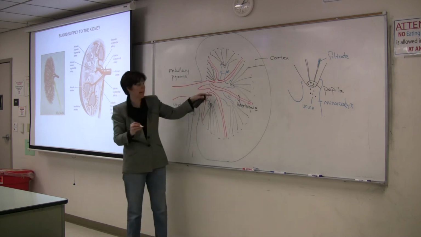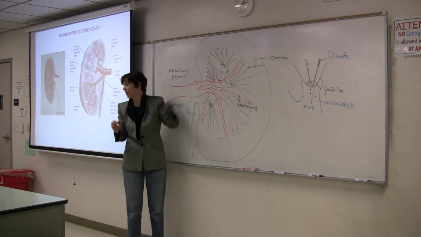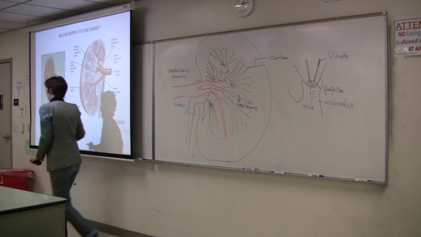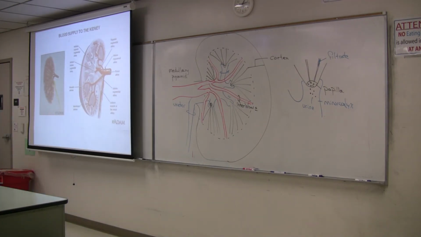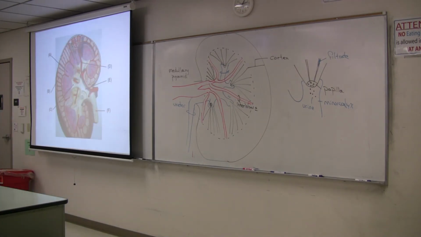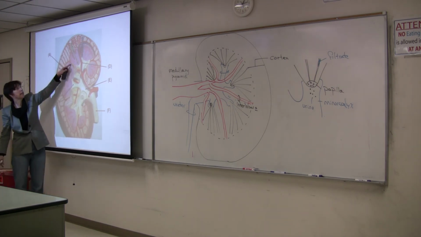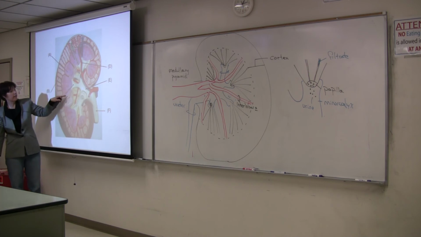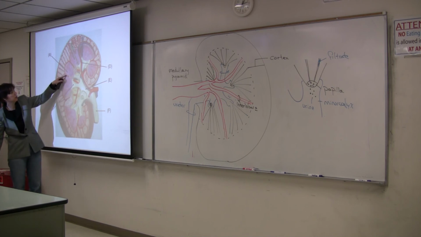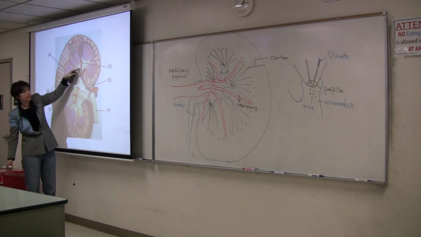The segmentals would be down here, the ones that we're not going to worry about. So where I would ask you to tag them if we were to look back at that model again, these would be the interlobar right here. Okay? Right here and right here. This area is identified as renal columns, and we don't have to worry about renal columns. But that's where we would find the interlobar arteries.